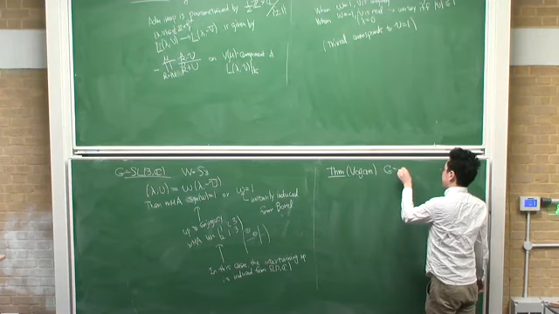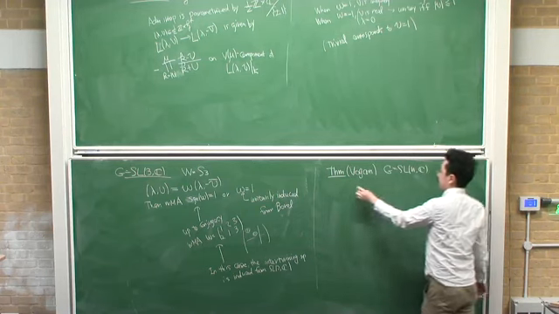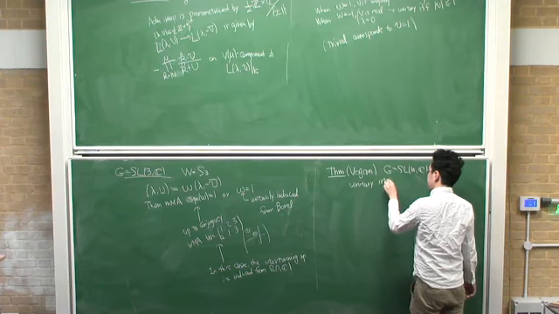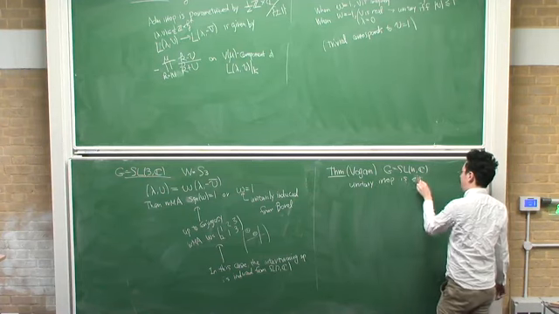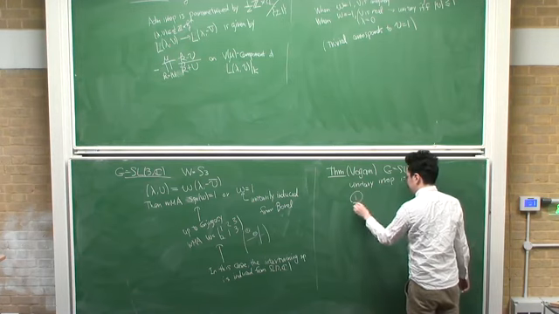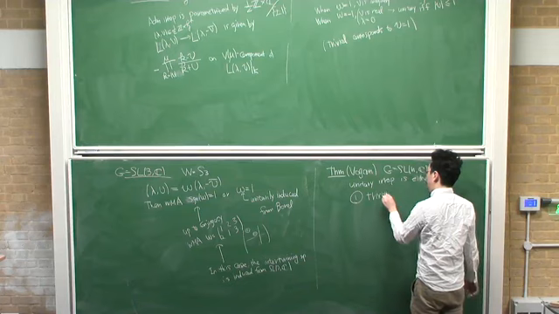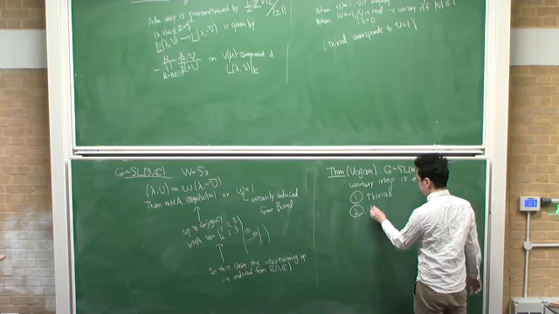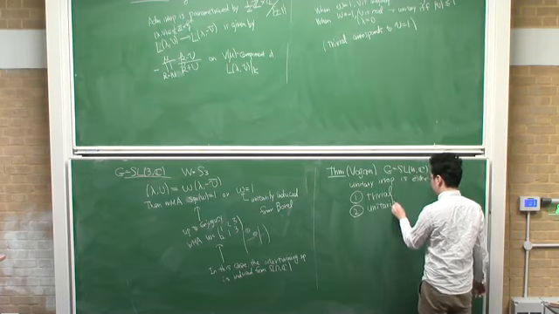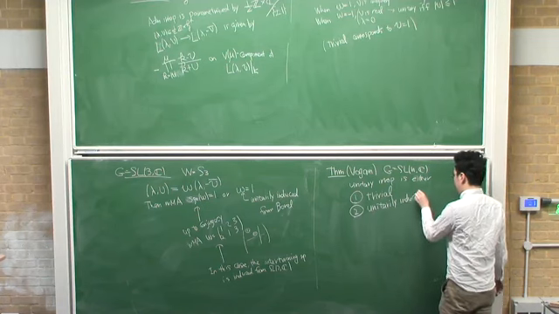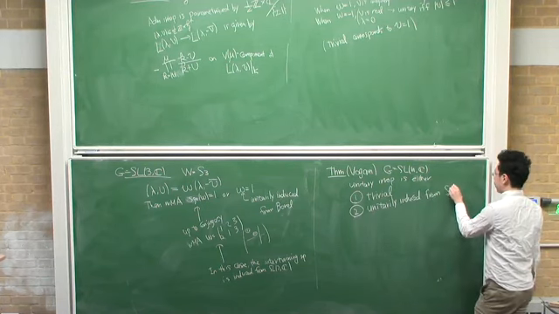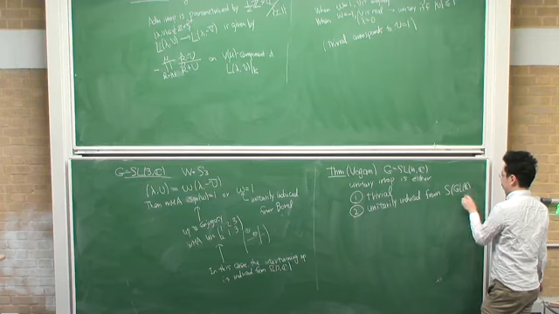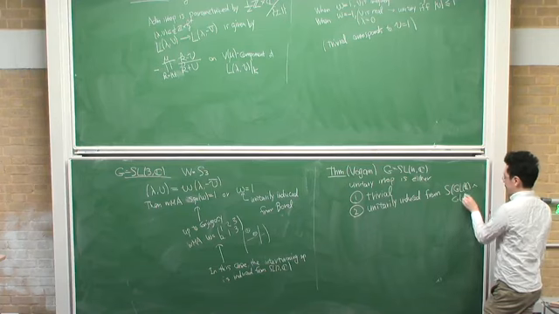When G is equal to SLnC, then an irreducible unitary representation is either trivial, or unitarily induced from a smaller subgroup GLk times GLn minus k.